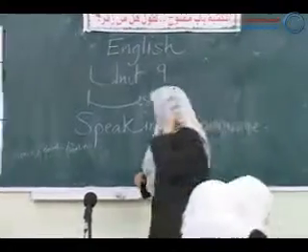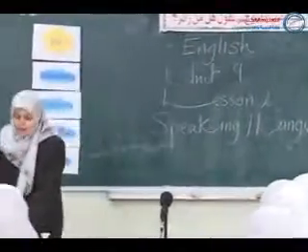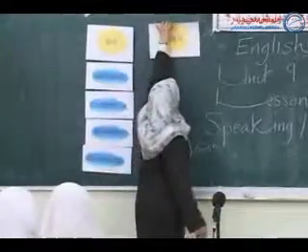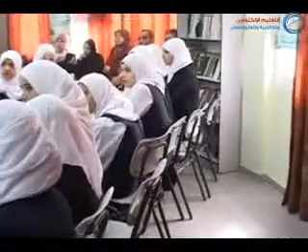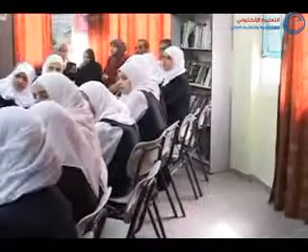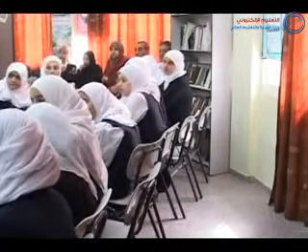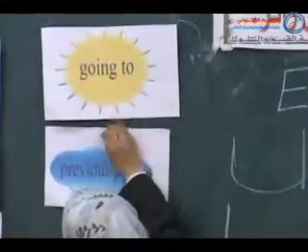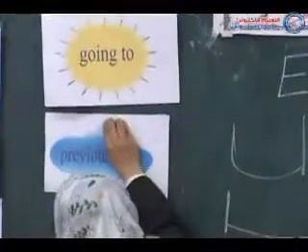Is it clear? Let's go to what else? Going to. Here we are going to discuss going to. The first use of going to is to speak about the previous plan. And pay attention.